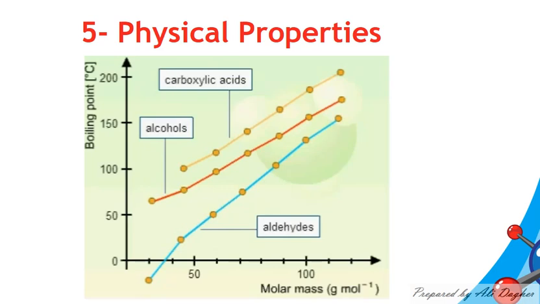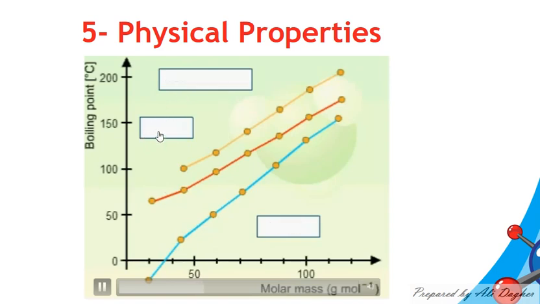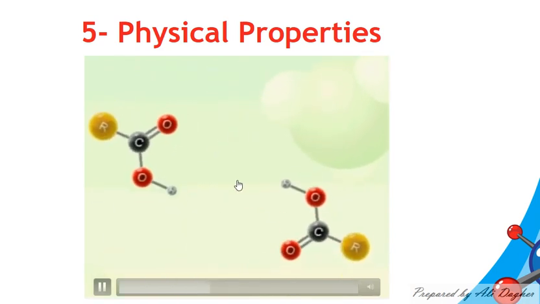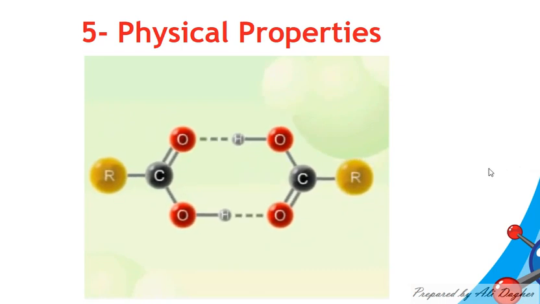The boiling points of carboxylic acids are noticeably higher, though, than those of other organic compounds of comparable molar mass, including alcohols and aldehydes. This is the dimerization of carboxylic acid, which involves attraction between positively charged hydroxyl hydrogen atoms and negatively charged carbonyl oxygen atoms.